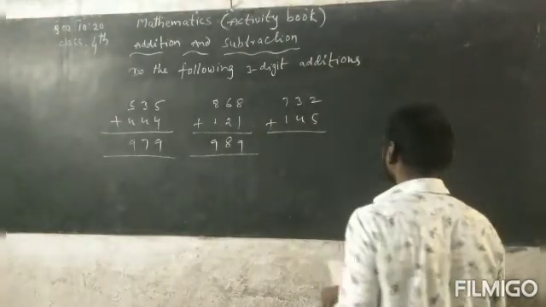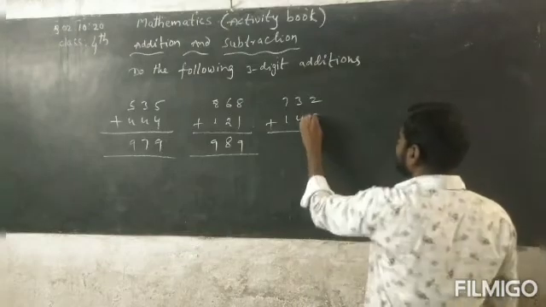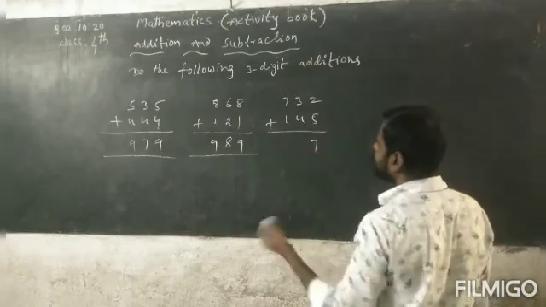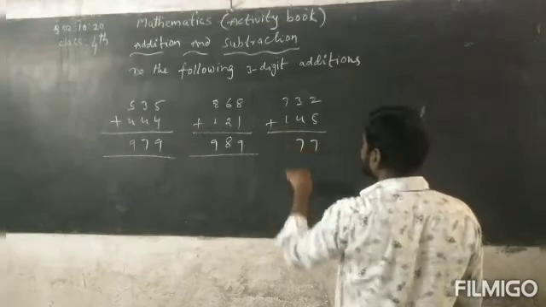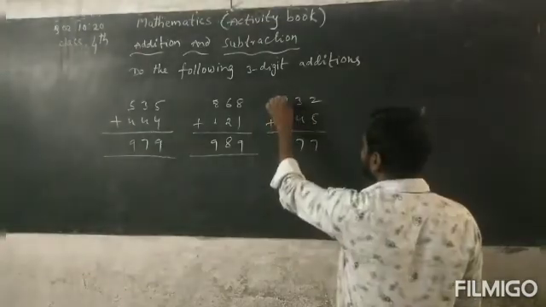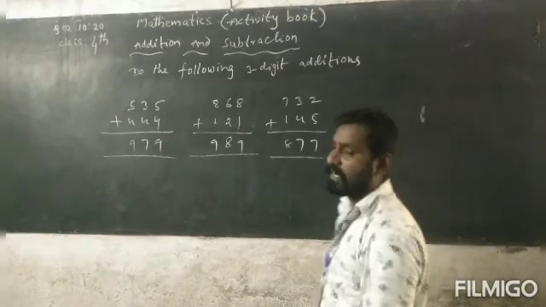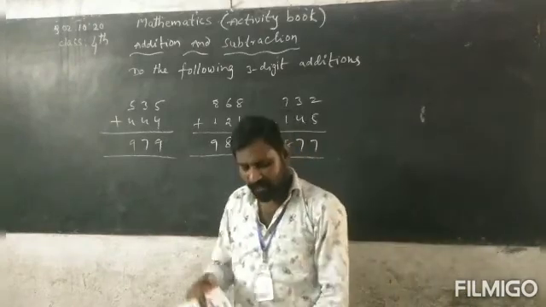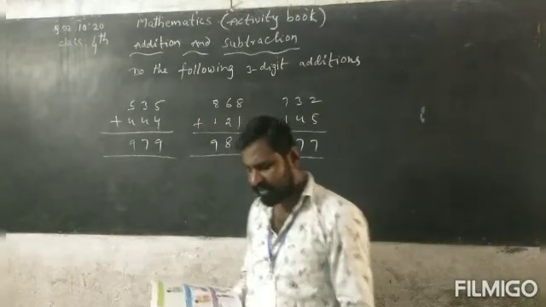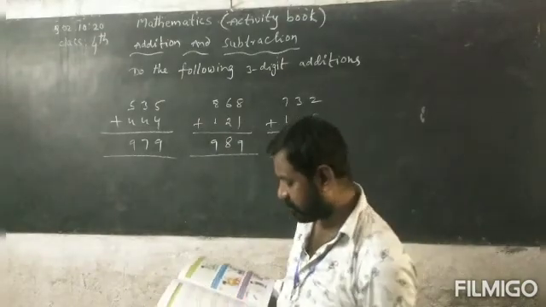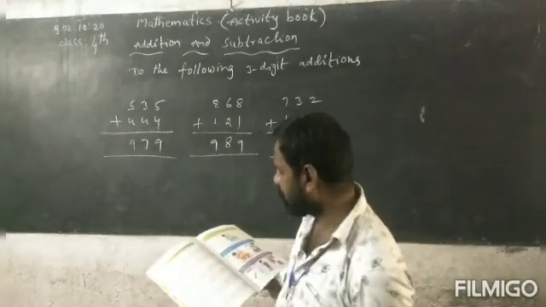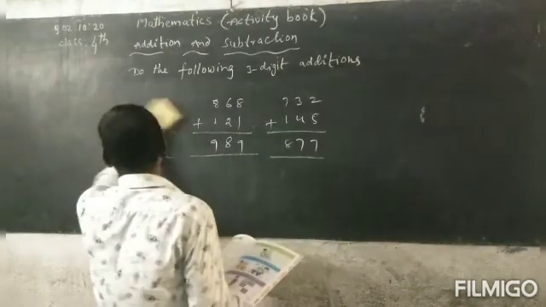First we add the digits in ones place. 2 plus 5, 7. Next we add the digits in tens place. 3 plus 4, 7. Next we add the digits in hundreds place. 7 plus 1, 8. Sum is 877. Now next, second row first one. Remaining problems you can do in first row.